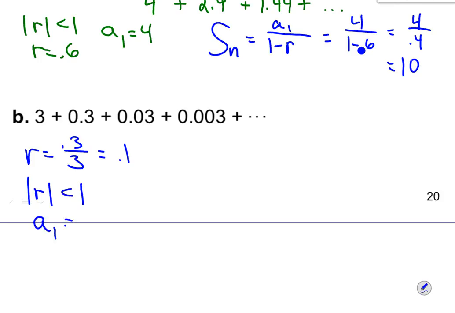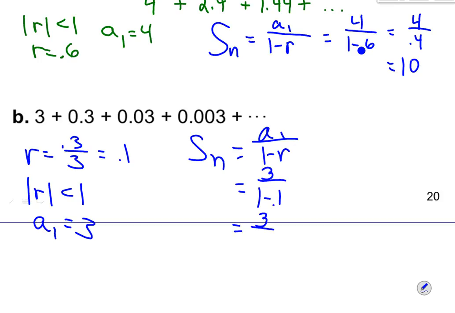And what's A sub 1? 3. So S sub n equals A sub 1 over 1 minus r. So A sub 1, 3 over 1 minus 0.1. What's 1 minus 0.1? 0.9. And what is that?